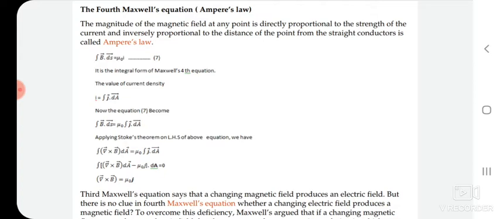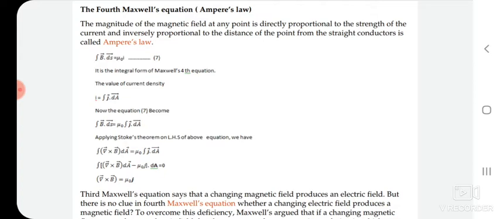They exist only as dipoles. Its integral form is the surface integral of the magnetic field over a closed surface is equal to 0. In its differential form, del dot B is equal to 0.